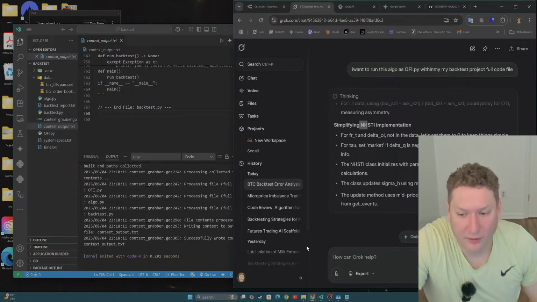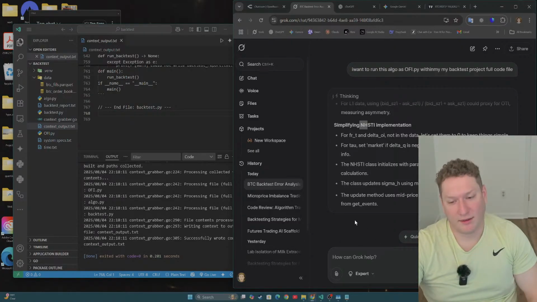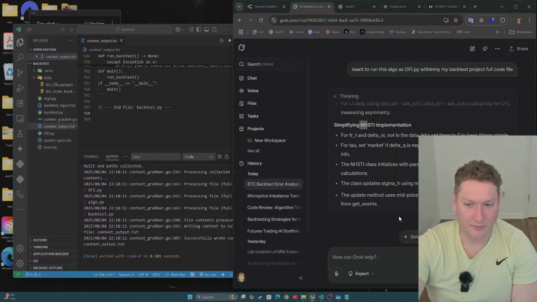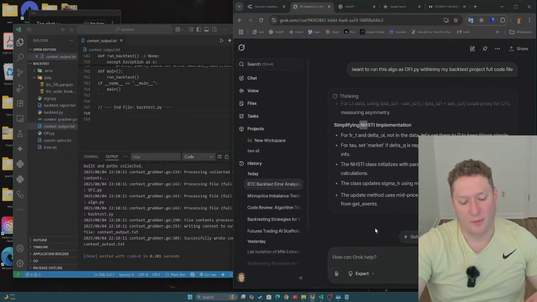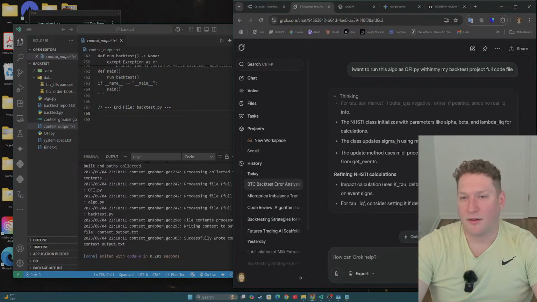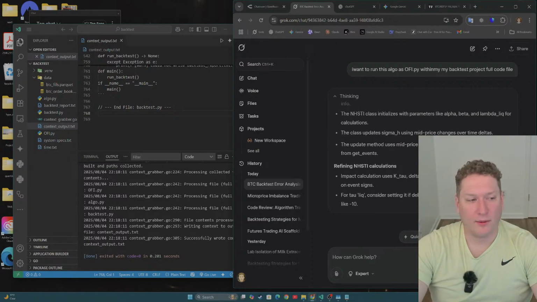I'm very skeptical with this mid price because on Hyperliquid, the tick size is $1. So the mid price will just always be 50 cents. I don't know if that's going to skew any of the logic, because it's not always going to be 50 cents.